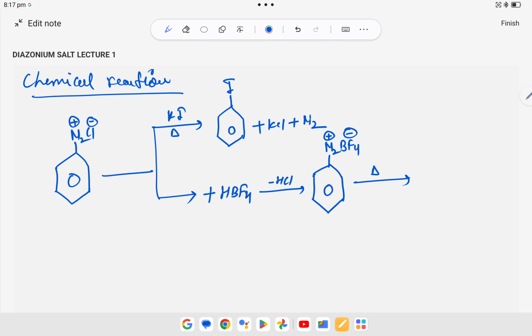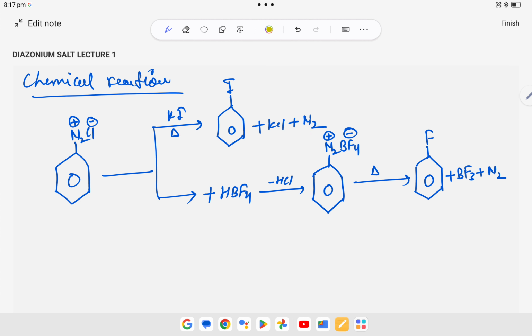If you heat it, then fluorobenzene is formed along with BF3 and N2.